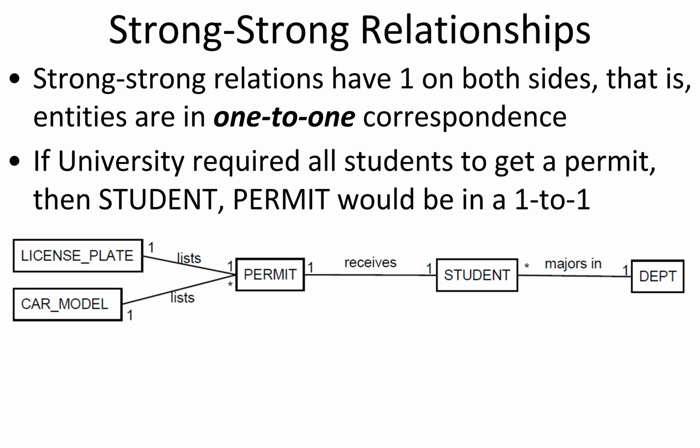Especially if, for instance, what about this license plate in the permit? Also one-to-one, right? Why even bother having a separate record in a separate table? Why don't we just bring that license plate as part of the permit? You could just bring it in, just make it an attribute. Why even bother having a separate record for that?